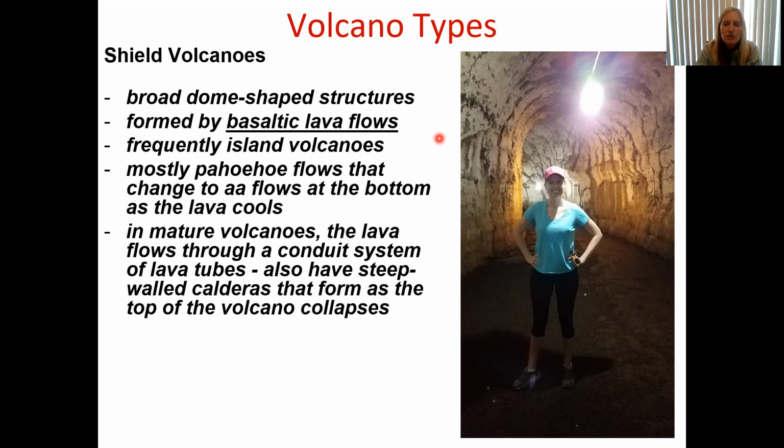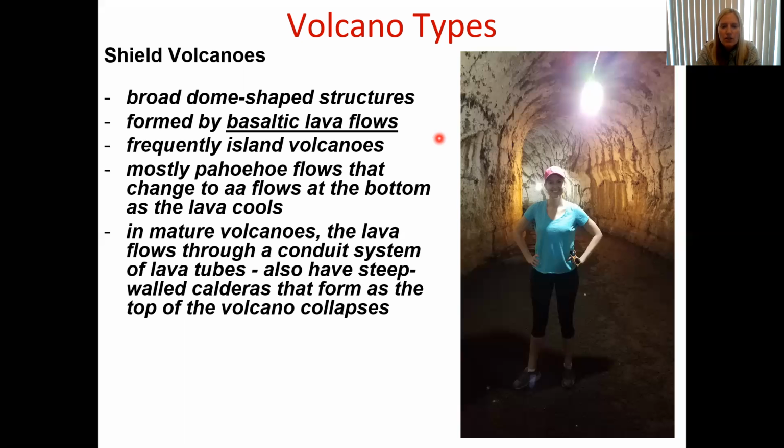These lava flows are basaltic, and so like we learned in our last video, we know that when we have basaltic lava flows, those are going to be the ones that will flow more easily or have that pahoehoe flow that we learned about. They're frequently going to cause our island volcanoes. And like I said, it's mostly pahoehoe flows.